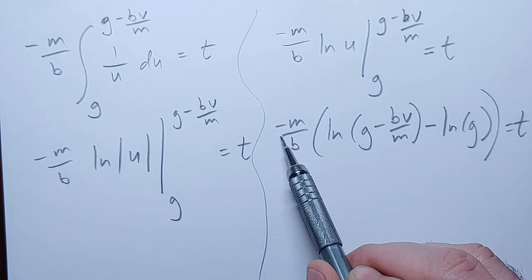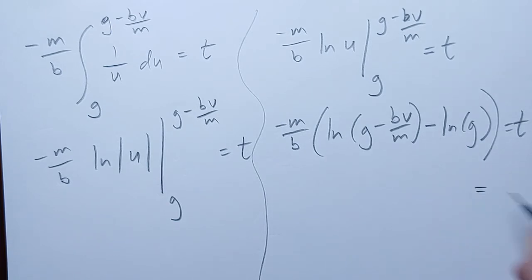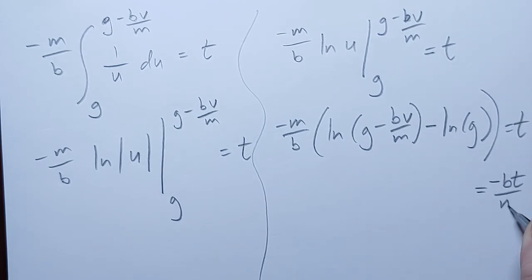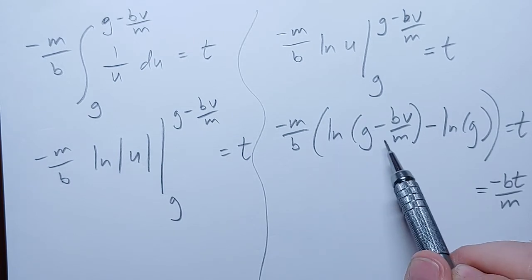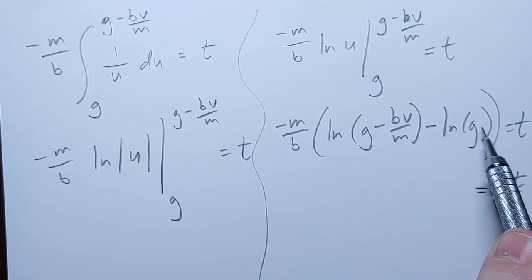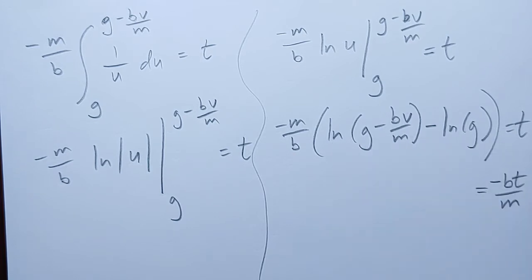As long as you do something that's mathematically valid, that's fine. So let's move the negative m over b over to the right side. So that's going to be negative bt over m. And then here, the natural log of this minus the natural log of this is going to be the natural log of this divided by this.